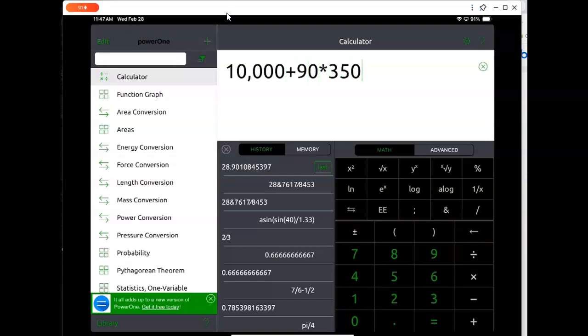90 times 350, minus 0.05, excuse me, dog's barking.